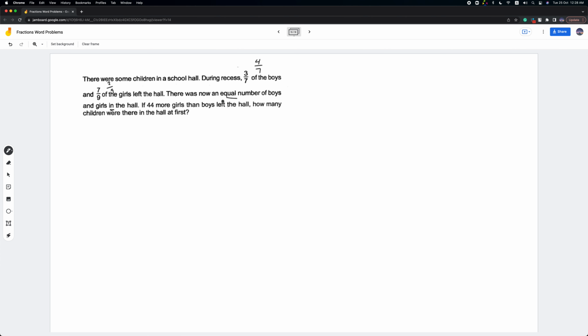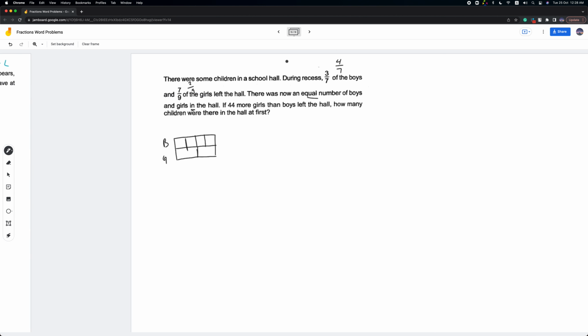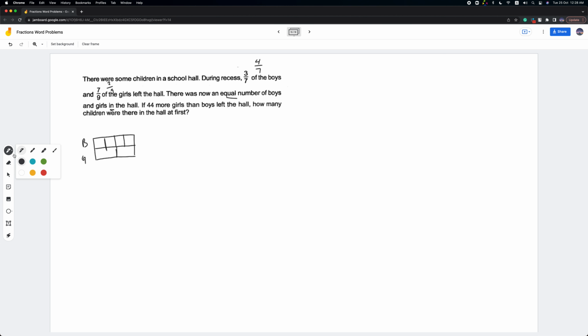Now we're going to draw the equal again. So we have boys and girls and they are equal. Okay. Same thing. And 4 units of boys and 2 units of girls. Now, if you don't want to get confused like previously, like what numbers to write inside each unit, you don't complete the models for each of them first.